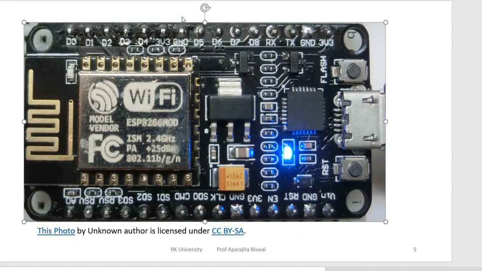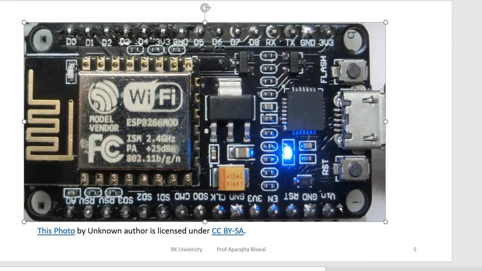Here it is 3 volt 3 ground, again ground 3 volt 3, again there is ground and 3 volt 3. There is a Vin pin over here, ground and Vin. This Vin pin is used to power the board by a DC source or battery.